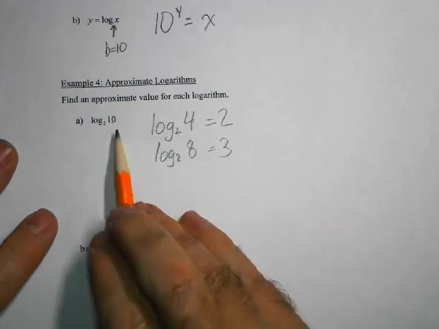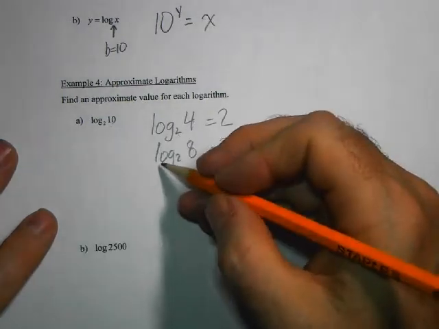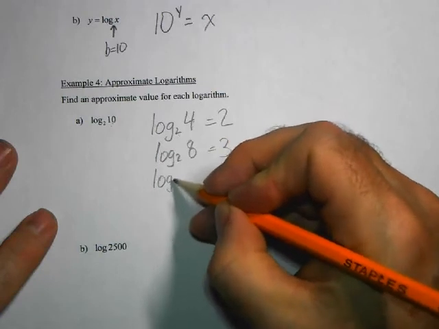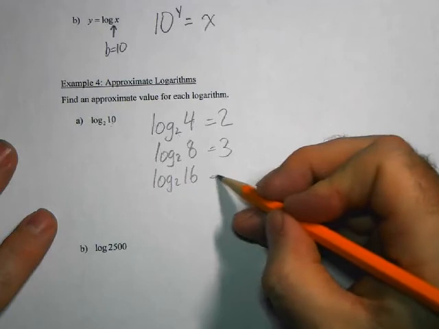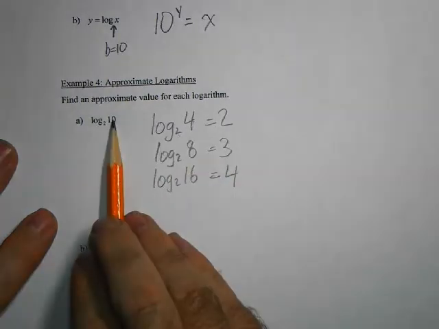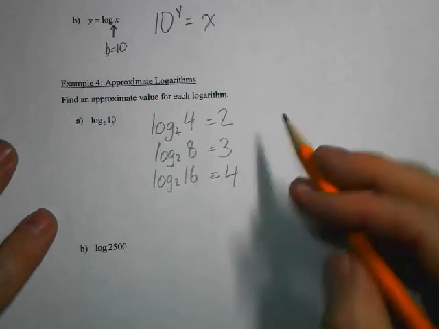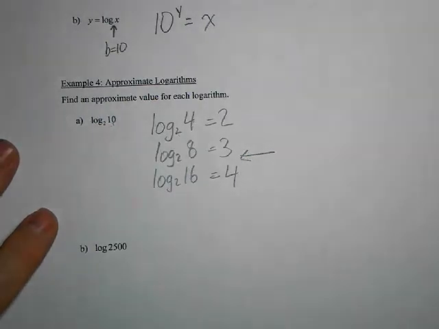So 8 is still less than 10. What's the next one? Well, the next one would be 16. Log base 2 of 16. That would be 2 to the power 4, so the log would be 4. So you can see that the 10 is somewhere between the 8 and the 16. I'm not going to spend a lot of effort on this.